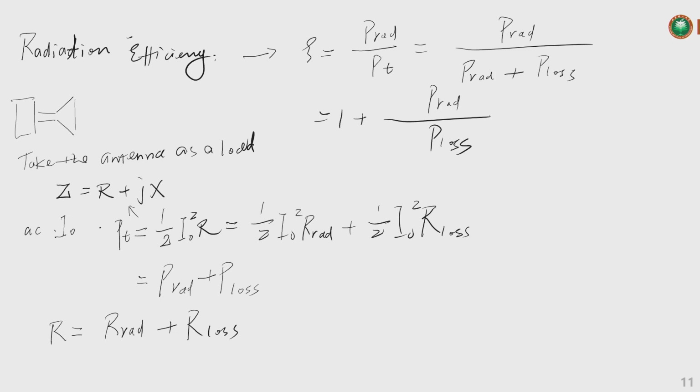So if we want to increase the efficiency, we try to reduce the ohmic loss. This is the radiation efficiency, which relates to these two parts together.